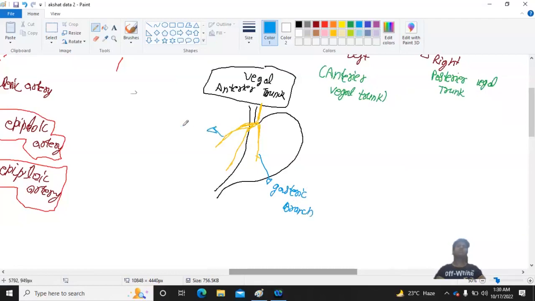This is the celiac branch, and this is the anterior nerve of Latarjet. This is all called the nerve of Latarjet, the anterior nerve of Latarjet. This is the anterior nerve trunk of Latarjet. Some fundus branches are also given. This is the anterior, and the posterior is also similar.